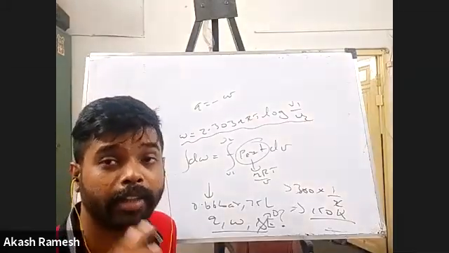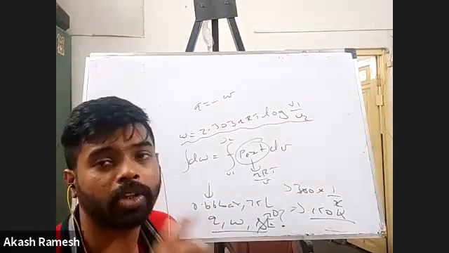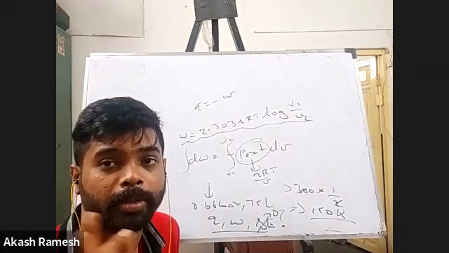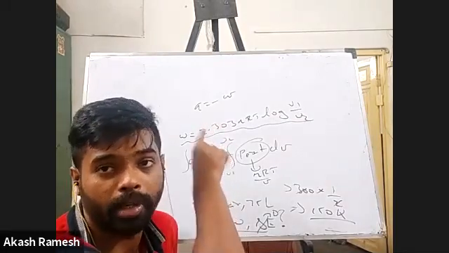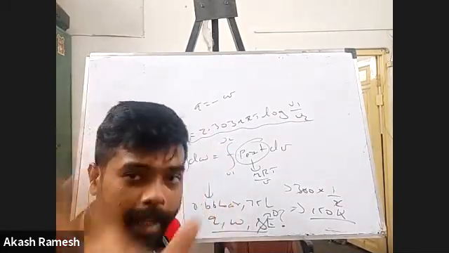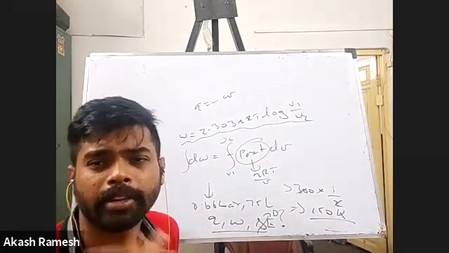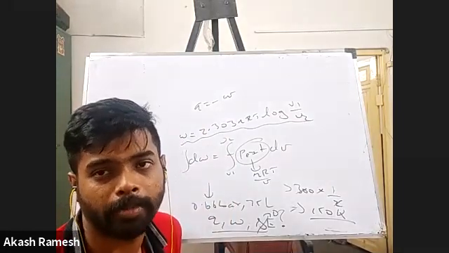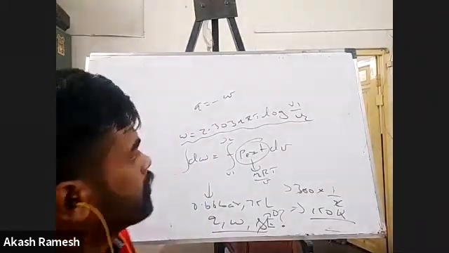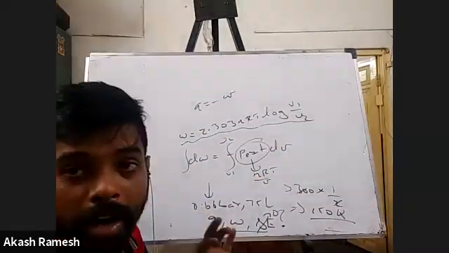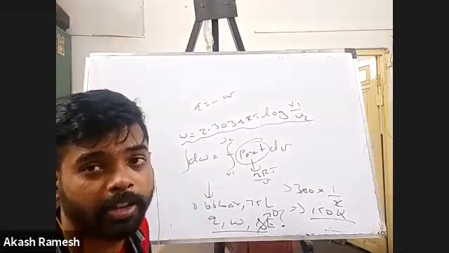So if they specifically ask you isothermal reversible expansion of an ideal gas, you should use this equation only. But if they didn't tell you anything about isothermal, then W is equal to minus P external delta V will work. So this is the formula we have to use for an isothermal reversible expansion.